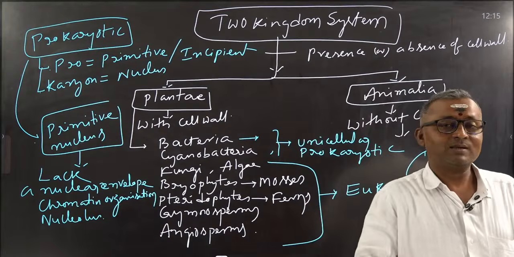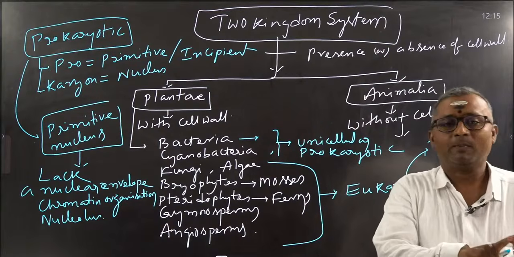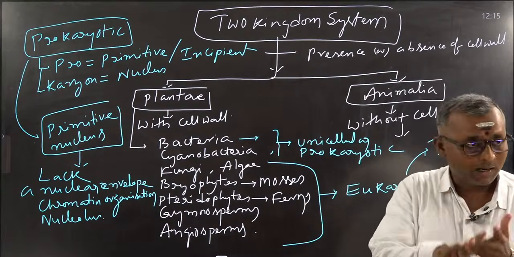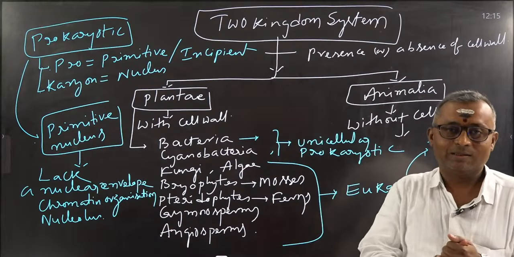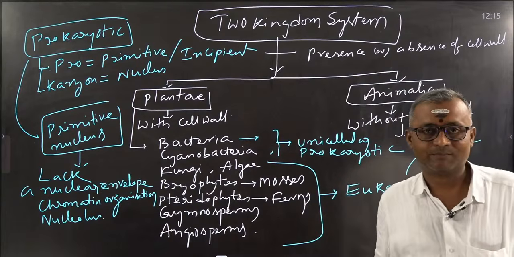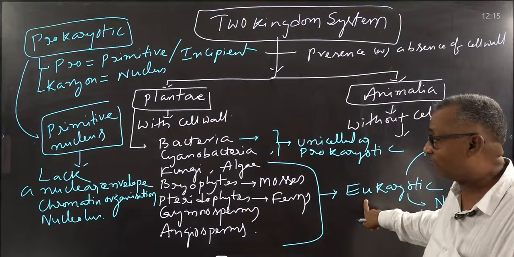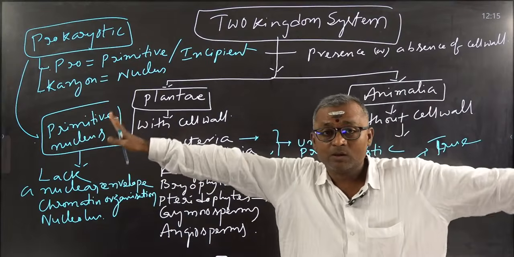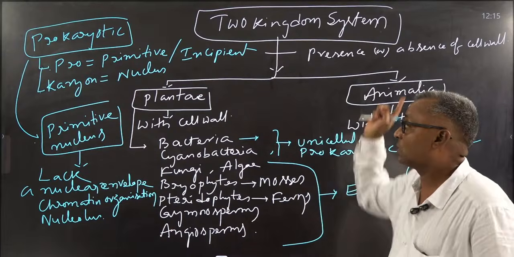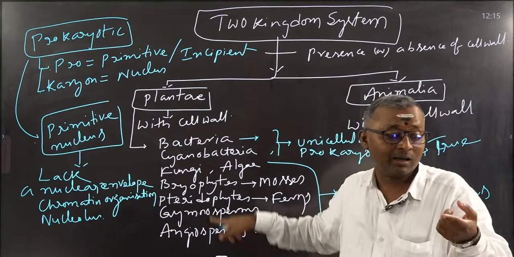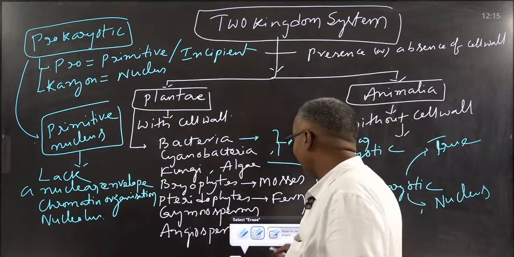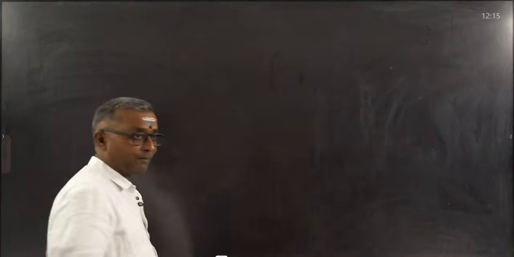True nucleus in the sense they have a nuclear envelope, then they have nucleoplasm, chromatin organization, nucleolus. So this kind of nucleus is called a well-defined nucleus. So eukaryotes have a well-defined nucleus, prokaryotes don't, but both of them were placed together under Plantae. By whom? Linnaeus. This is a kind of demerit that we have here.